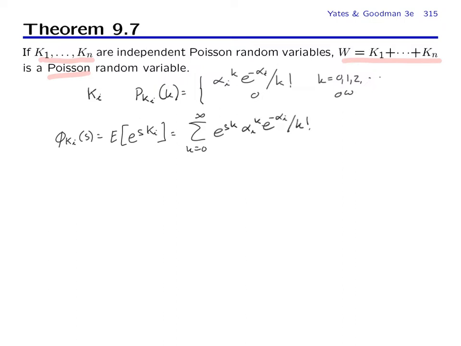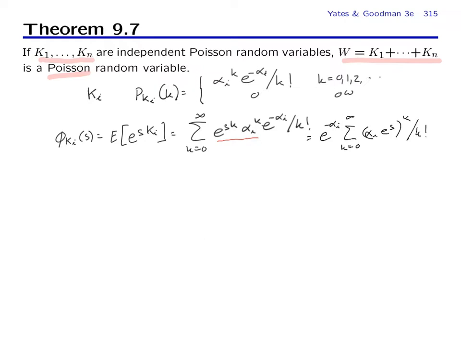You could just look up this MGF in the textbook, but it's more fun to work it out here. First, we factor out the e to the minus alpha i. Then we write the sum, k equals 0 to infinity. And then we realize that these two terms can be combined, and they become alpha i e to the s raised to the power k over k factorial.